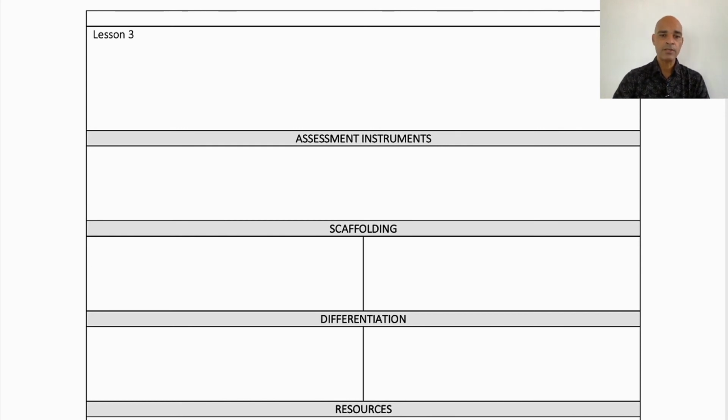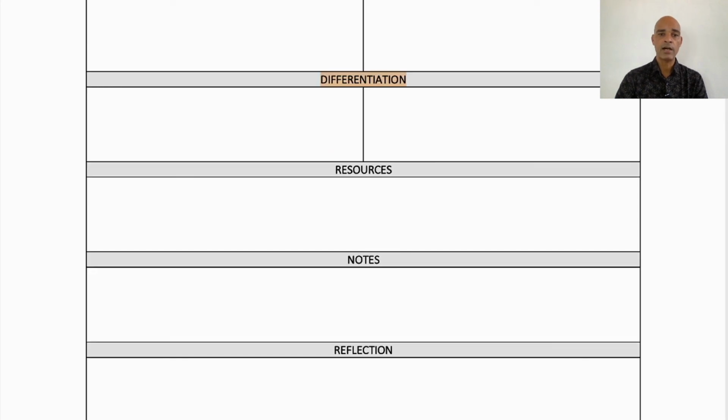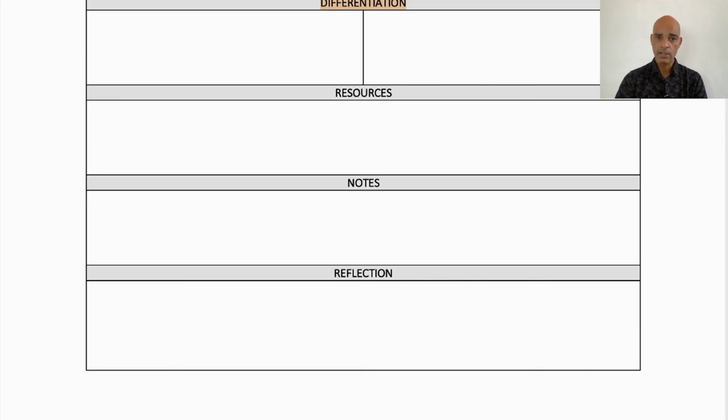But it's important not only to think about how scaffolding will be done, but how differentiation will be done, right? Because you may need to differentiate for students who are a little below standards, or way above standards. So you need to think about differentiation strategies for those students, and not just how to scaffold learning. And the resources are the resources that you're going to need and be using in the lesson. You're going to list them here.